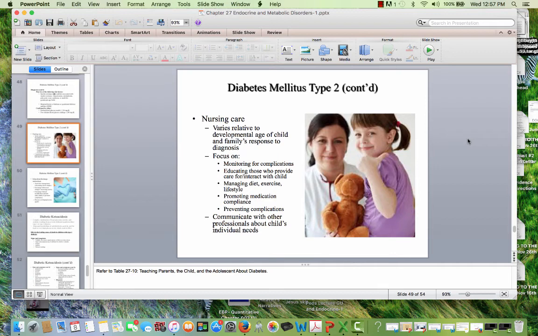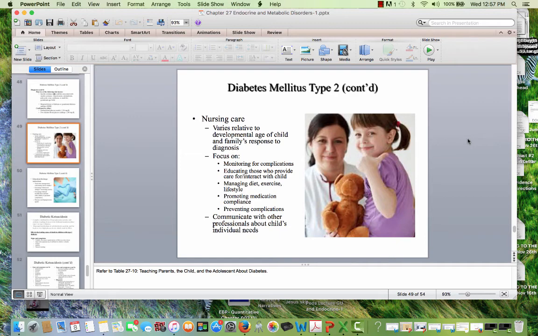Some health centers and providers are very good at connecting the families with ongoing clinical nutritionists or community programs that assist in behavioral modification with diets, food preparation, exercise programs, and ways to decrease stress levels, all of that. So you're going to promote compliance to the medications as well, and prevent any other complications.